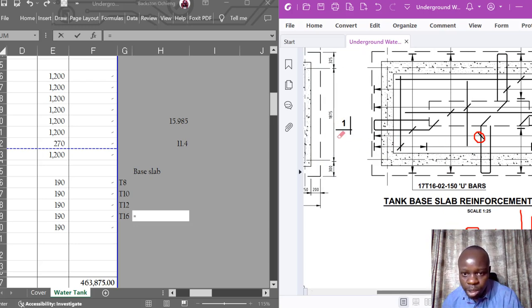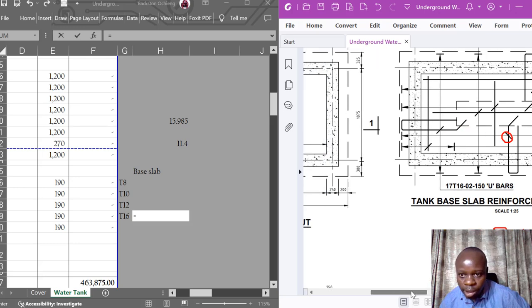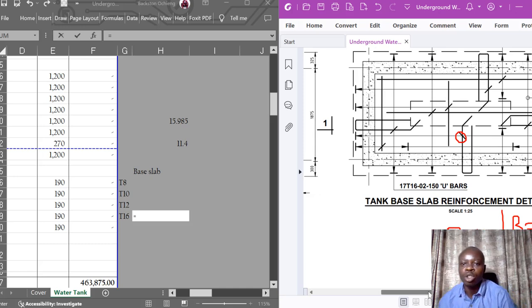It goes this way from here, this is 300, and then it goes up to this point. That particular dimension has not been given, and therefore we'll make an assumption. We'll assume it's half of it.